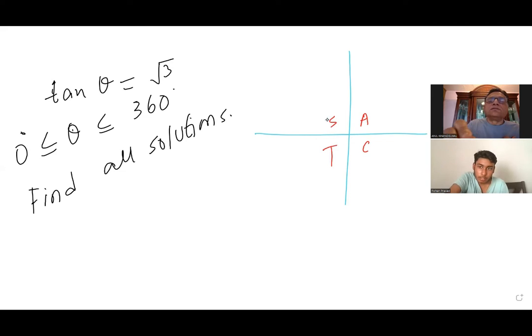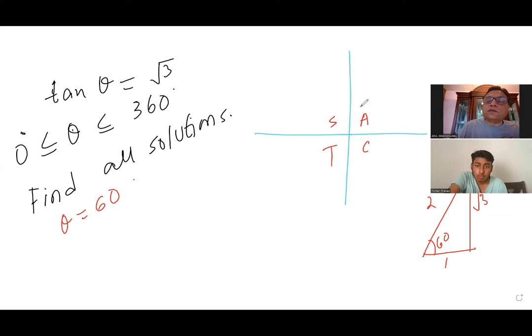Correct. When you make your special triangle for 60 degrees, we have sides 1, 2, square root 3. Tan is opposite over adjacent, so theta is 60 degrees. That is one of the answers, your principal angle, 60 degrees.